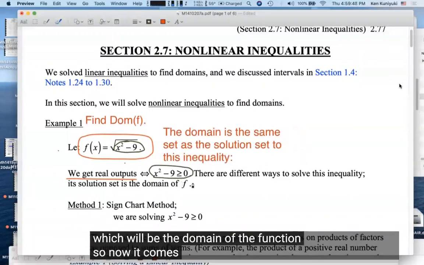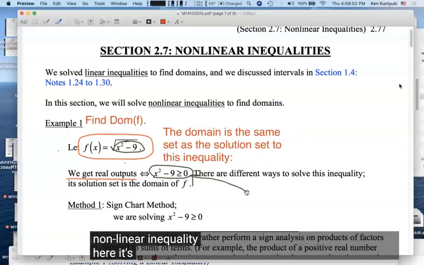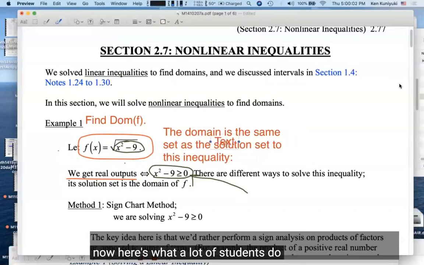So now it comes down to this. Solve the nonlinear inequality. Here it's a quadratic inequality. X squared minus 9 is greater than or equal to 0. Now, here's what a lot of students do.